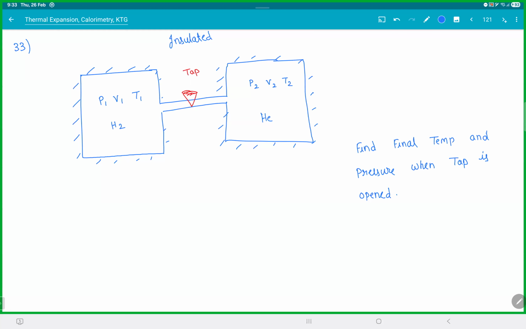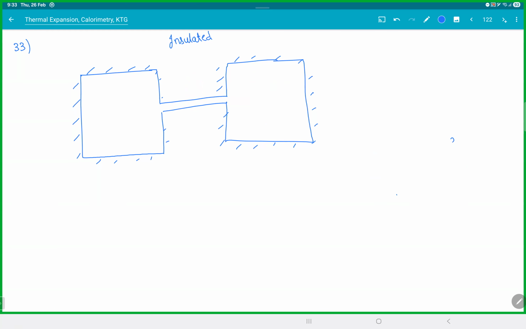Okay, let's see. So finally, when you open the tap, the whole thing will get dispersed. The final pressure is P, final temperature is T. So we can write the final pressure into volume, which is V1 plus V2, is equal to N1 plus N2, that is the total number of moles, into RT.